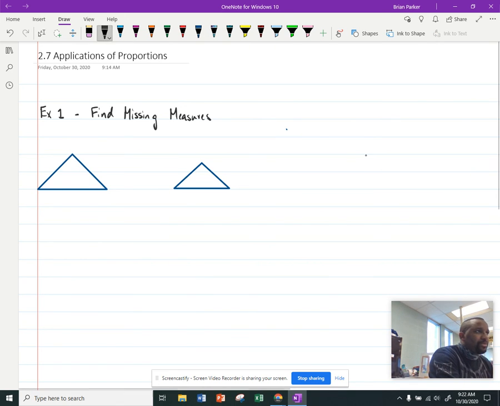And we'll have to use a little bit of symbols here. I'll call this triangle ABC, and this could be triangle DEF. And then I'm going to tell you that triangle ABC is similar, and that's what that symbol is right there, similar to triangle DEF.